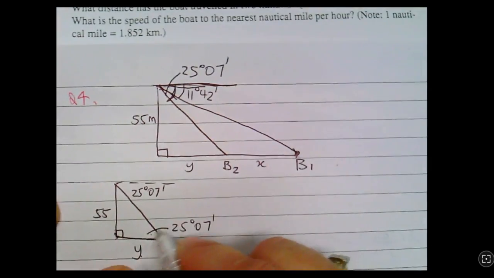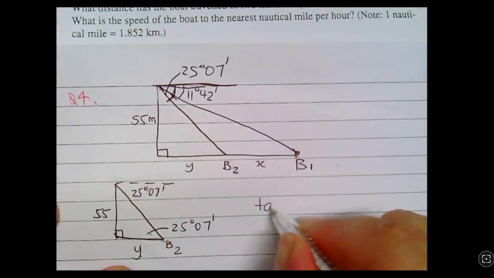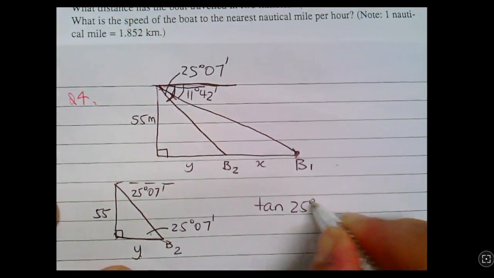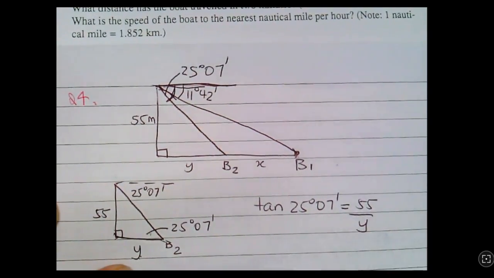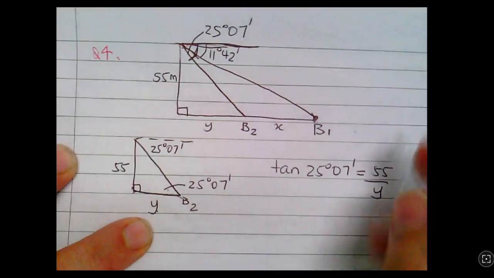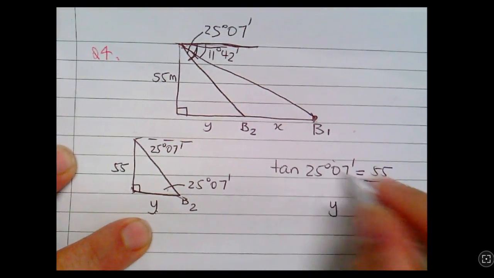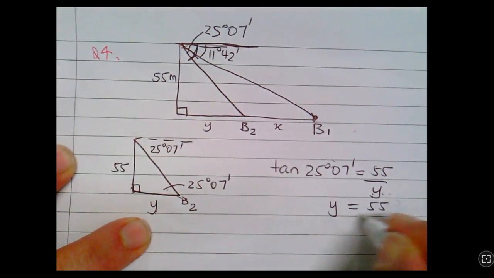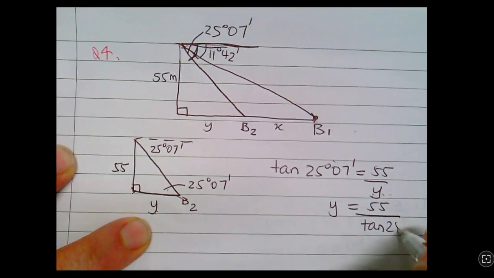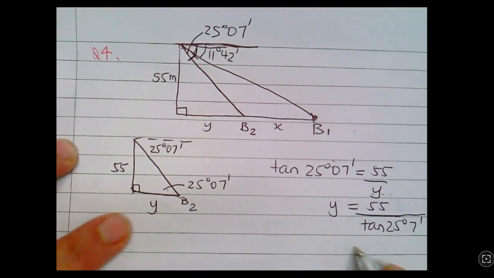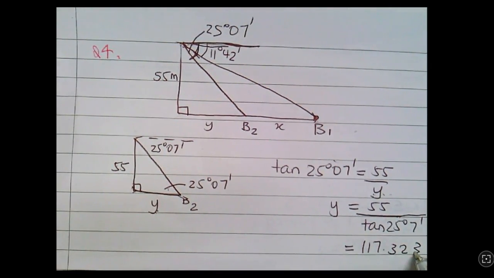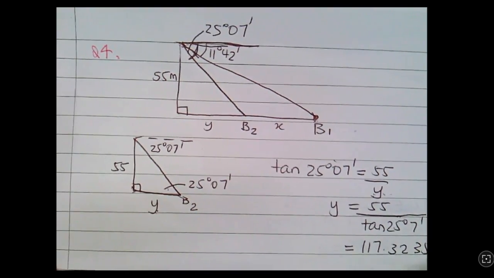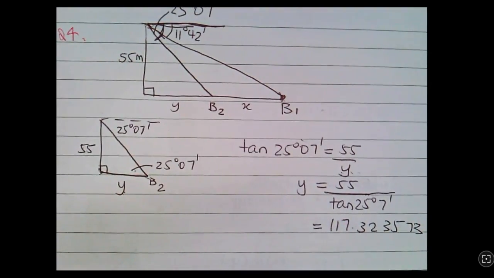So I can go tan of 25 degrees and 7 minutes equals 55 over Y. Because Y is on the denominator, we can swap it diagonally there. Y equals 55 over tan 25 degrees and 7 minutes. And just working that out, I get 117.323573. Just not rounding off any decimal places yet.